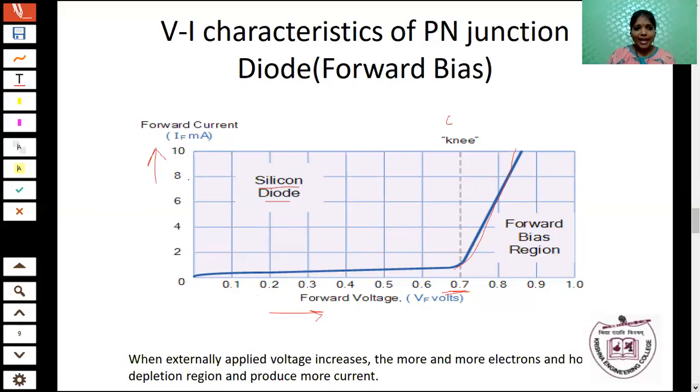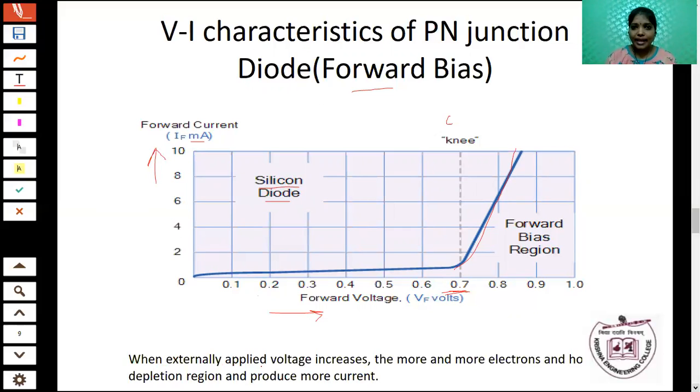Okay. So on the y-axis, you are considering the forward current. On the x-axis, it is the voltage. During the forward bias condition, there will be a current flow. We are measuring the current in milliamps. Okay. So that is what I've given here. When the externally applied voltage increases, more and more electrons and holes cross the depletion region.